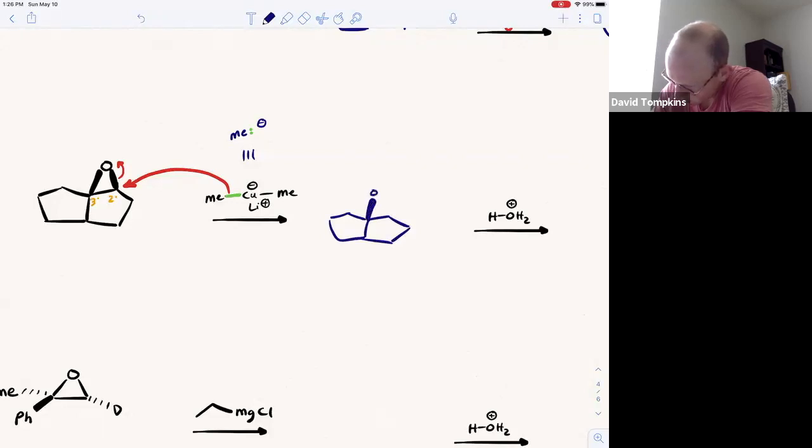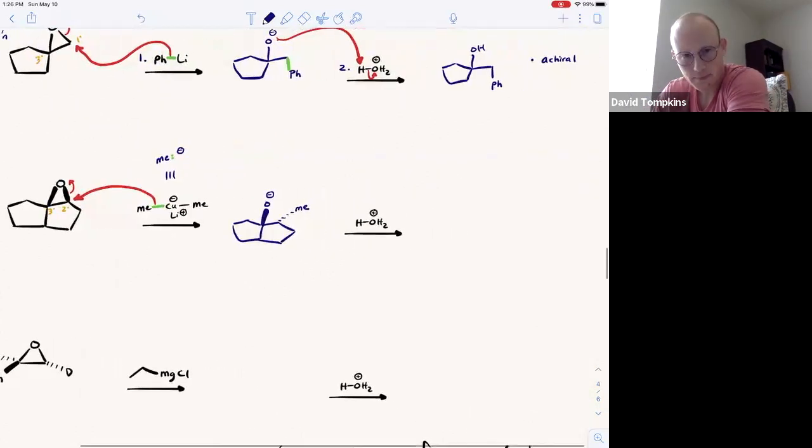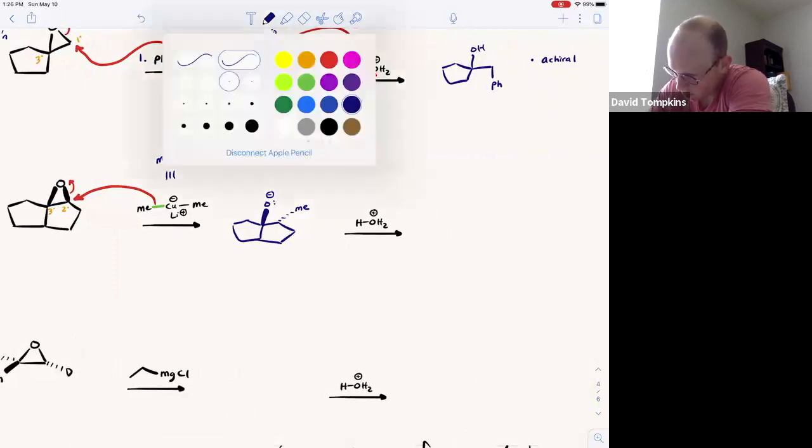And this gives an alkoxide that is anti. Here there are stereocenters, so you must show that your organocuprate adds anti to the alkoxide, which now can be worked up with another strong acid.